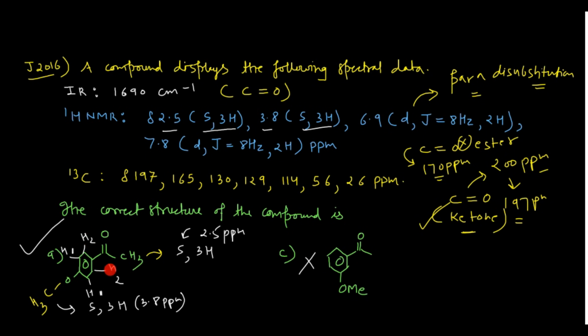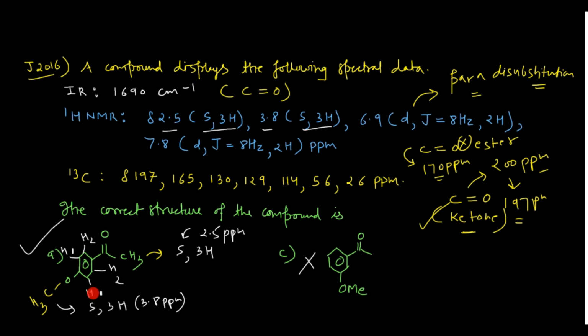These two hydrogens are in the vicinity of this carbonyl, while these two are in the vicinity of the other group. So this hydrogen and this hydrogen are different. This one will couple with its neighbor and give a doublet, and the other will again give a doublet. That's why we have two doublets, one at 7.8 and another at 6.9, right? It is up to you whether you explain for these two or these two.